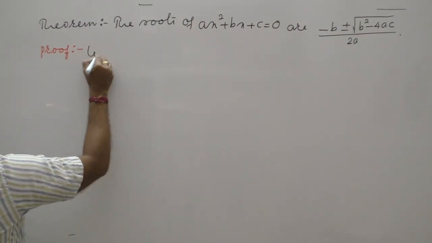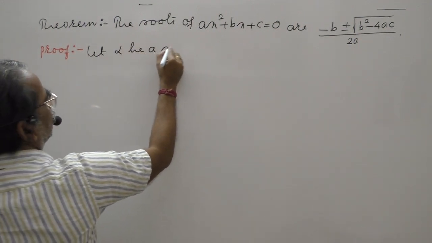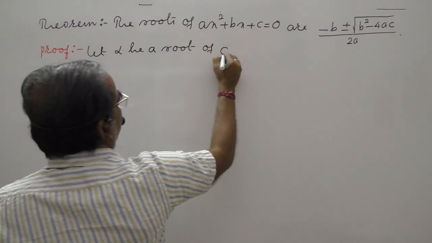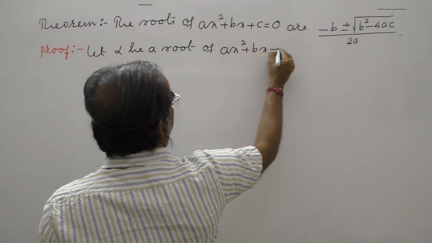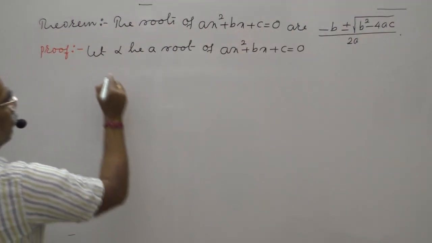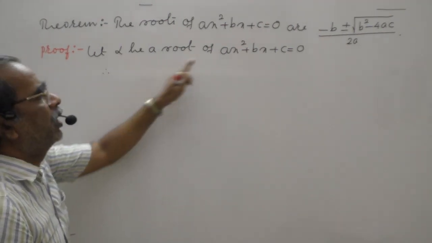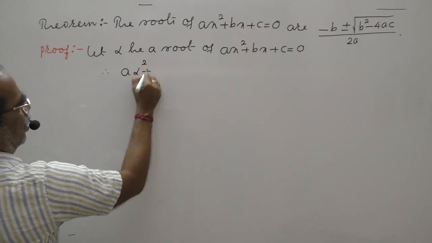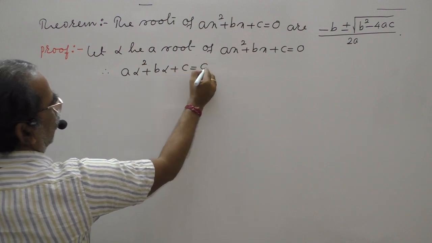Therefore I will suppose, let alpha be a root of the given quadratic equation ax square plus bx plus c is equal to 0. Just now we have seen a complex number alpha is said to be a root if it satisfies a alpha square plus b alpha plus c equal to 0.